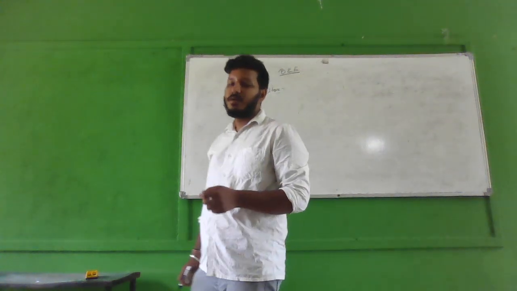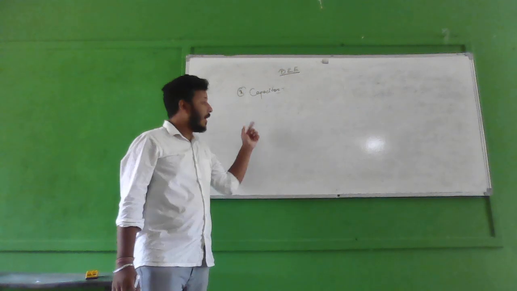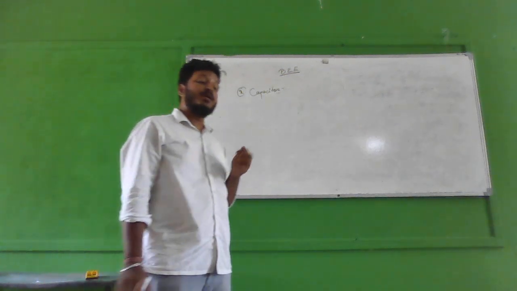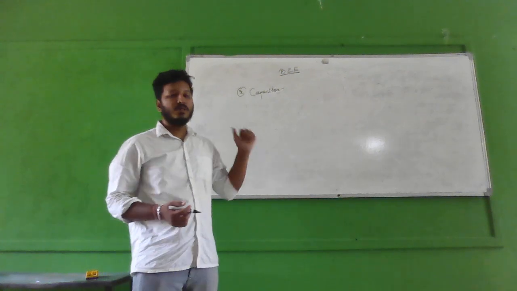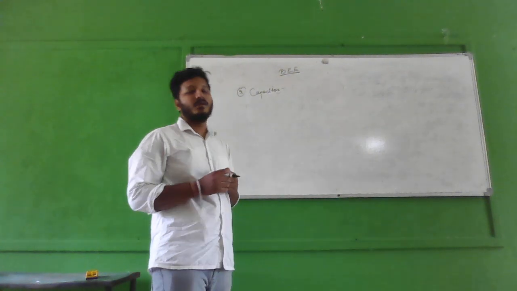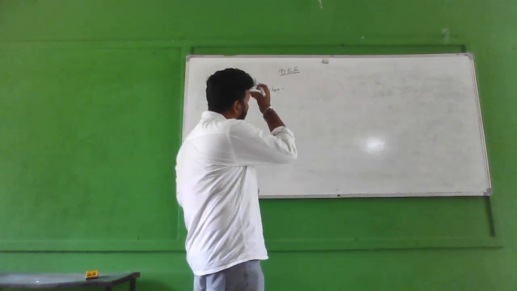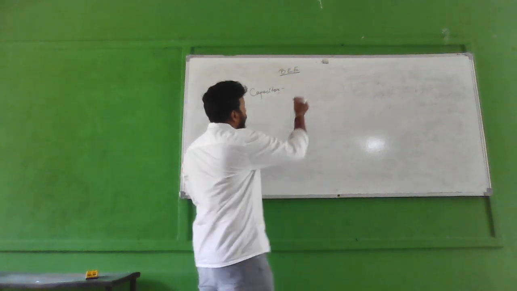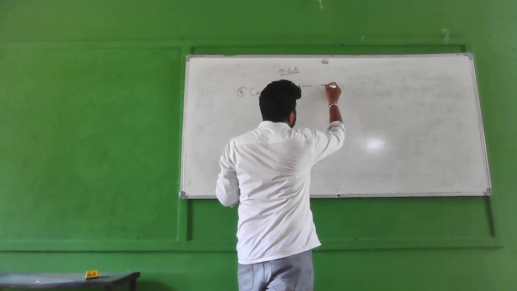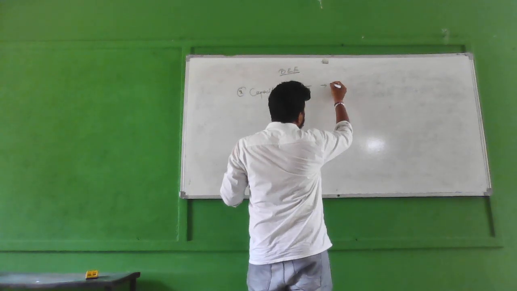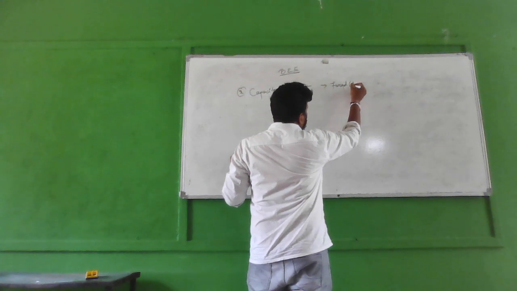What does a capacitor do? A capacitor stores energy. And a resistor regulates the current in our electrical circuits. The symbol of a capacitor is this, and the unit of capacitor is Farad, which can be written there.